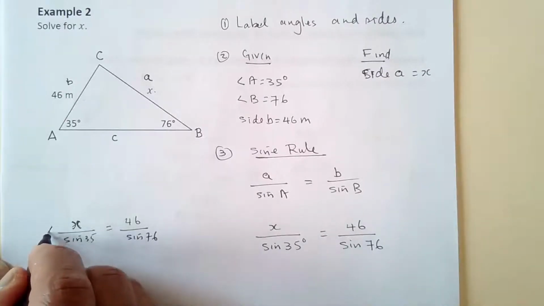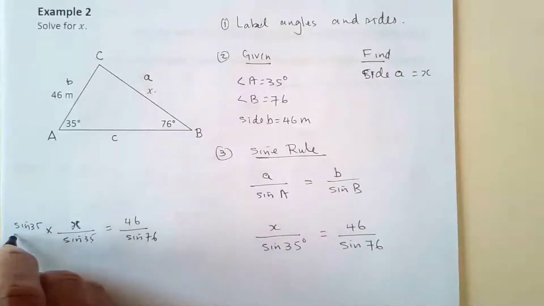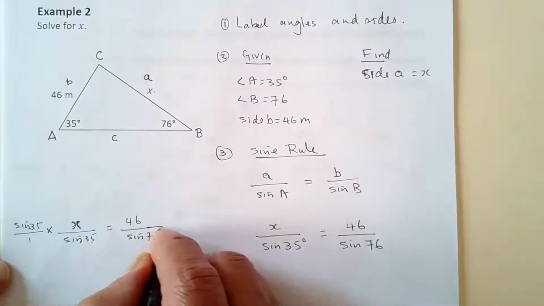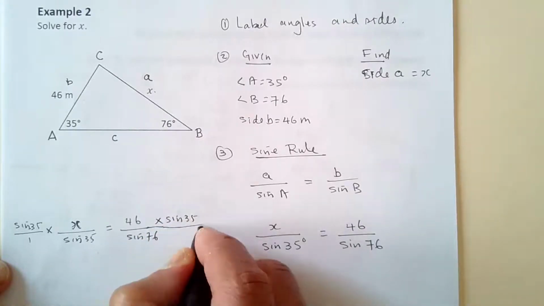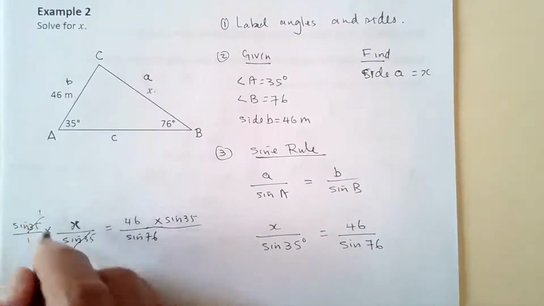I multiply by sine 35 on both sides, and sine 35 divided by sine 35 is 1.